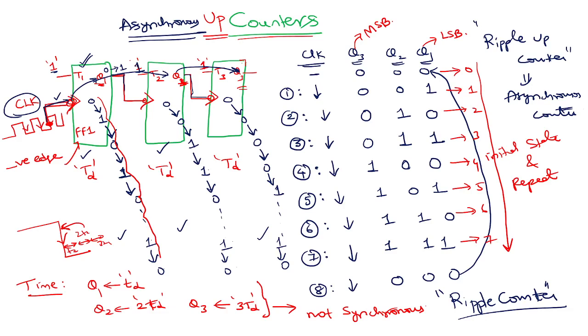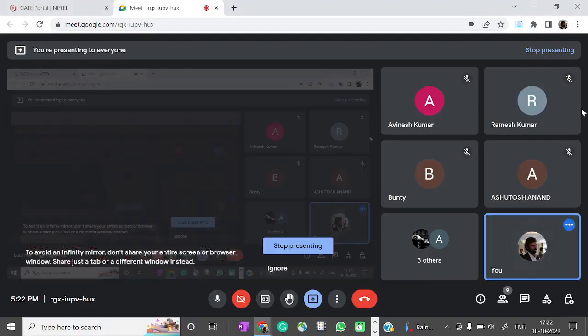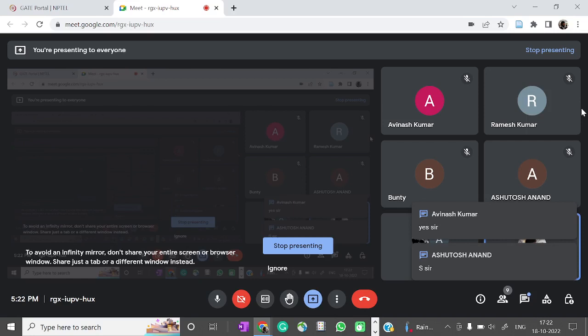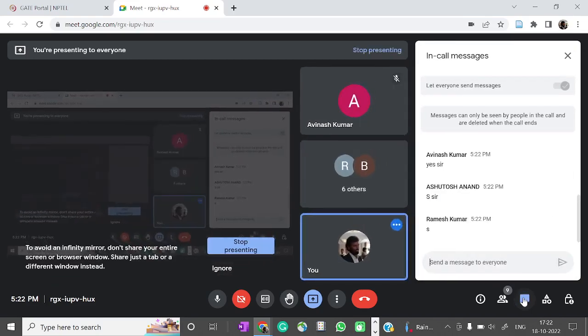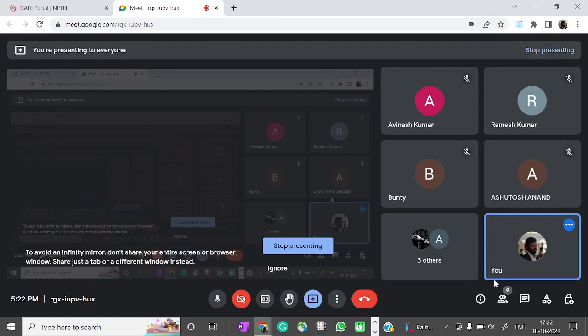Is this point clear, guys? Can all of you tell me yes or no through your chat box? What about the remaining people? I can see only 3 people responding. Are you guys alive? Are you there?